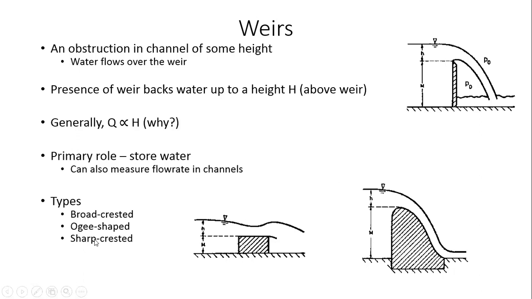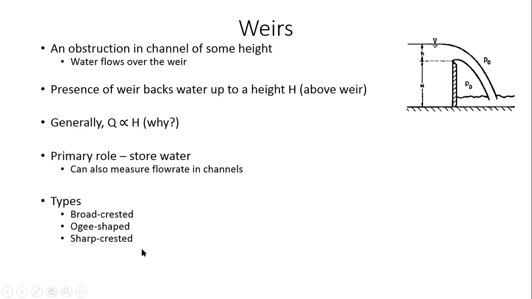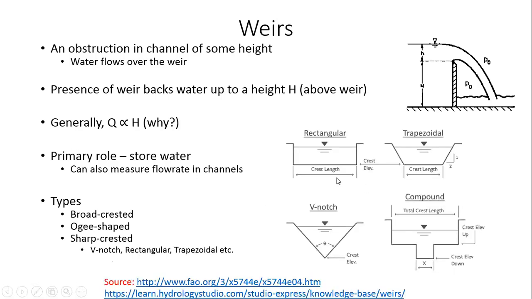In the sharp crested weir, there are many different types. You can have different shapes. You can have a triangular shape, sometimes called a V notch because it resembles the shape V, or it can be a rectangular shape or a trapezoidal shape and so on. When I talk about this shape, it is in the plane perpendicular to the screen.